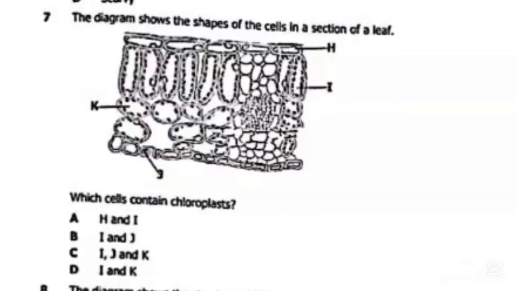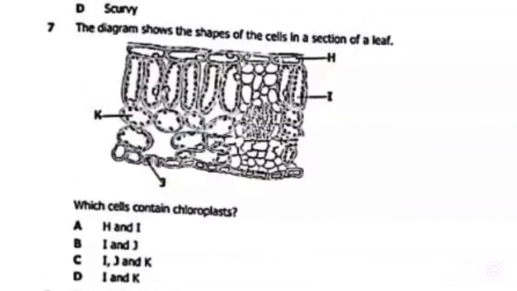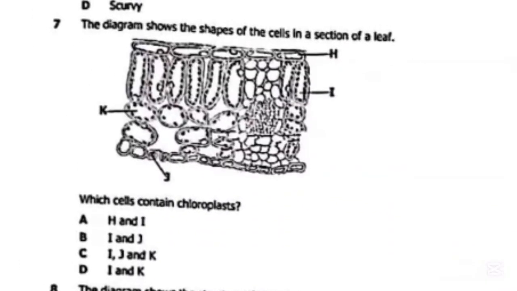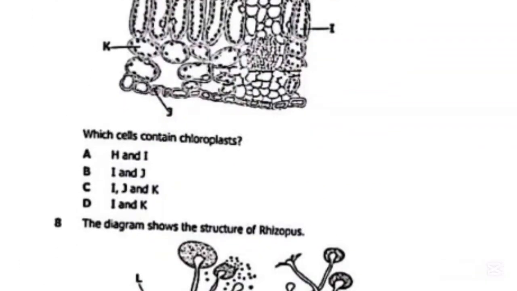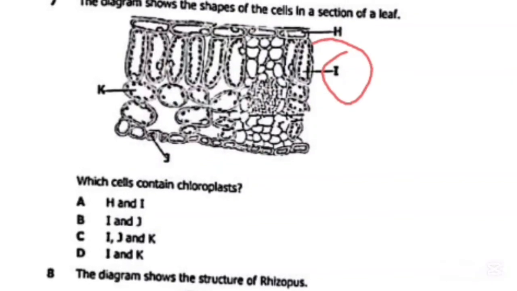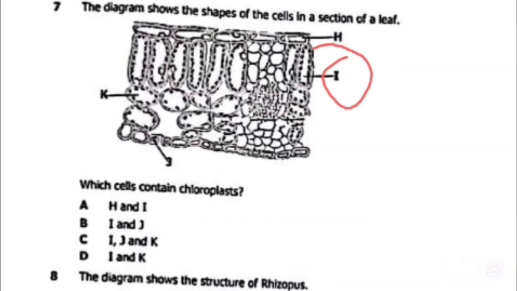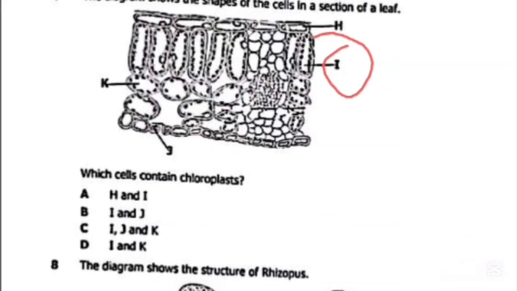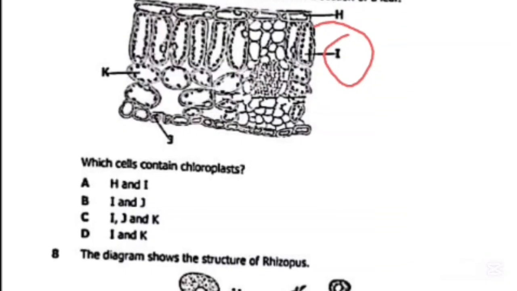Then when you come to I, this is the main part responsible for photosynthesis, because it contains a high concentration of what? Of chloroplast.